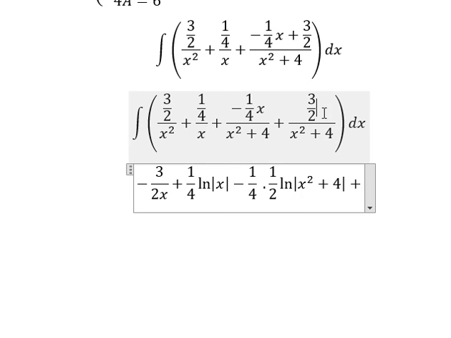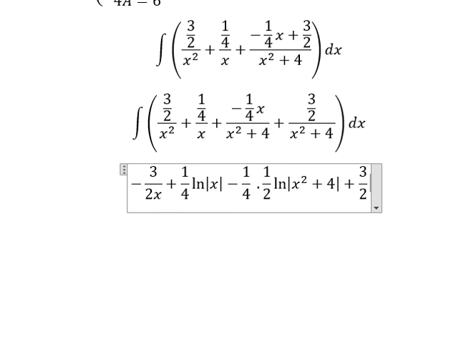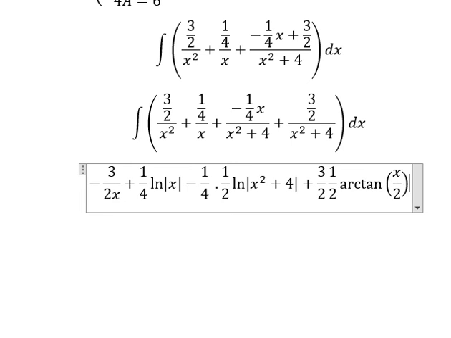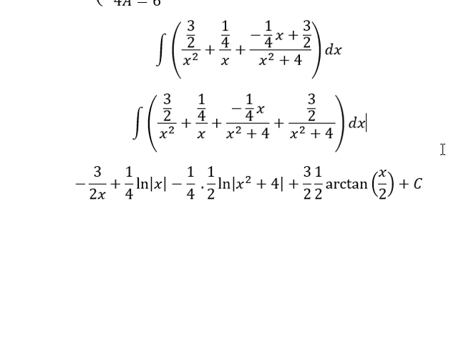The integration of this one, we have 1 over 2 tan of x over 2, and I will put c.